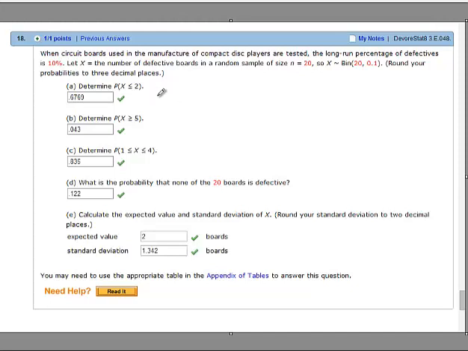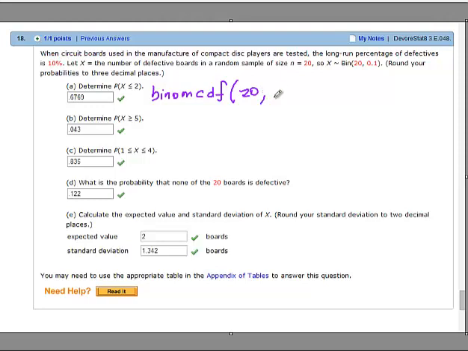Now this is kind of what I expect on your test. I expect for you to do something of this sort. You would look at this problem and you would decide that it's binomial, and they want for you to find the probability that x is less than or equal to 2. So I'm going to use a binomial CDF, and the number of trials, or my n, is 20.